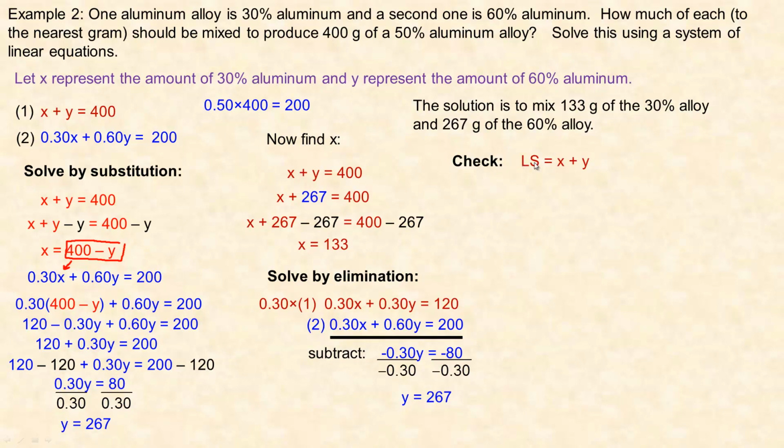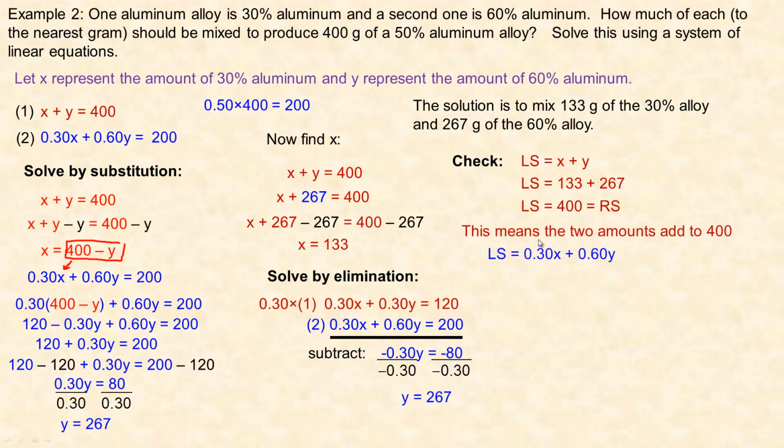Remember, LS is left side. So x plus y, we're going to put 133 here and 267 here. And if you add 133 and 267, you get 400. Okay, so that's what you're supposed to see. The two amounts have to add to 400 because we're making 400 grams of this 50% aluminum alloy. So it checks in the first equation.